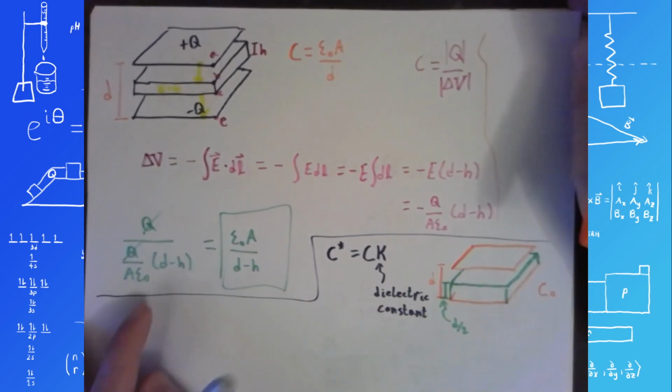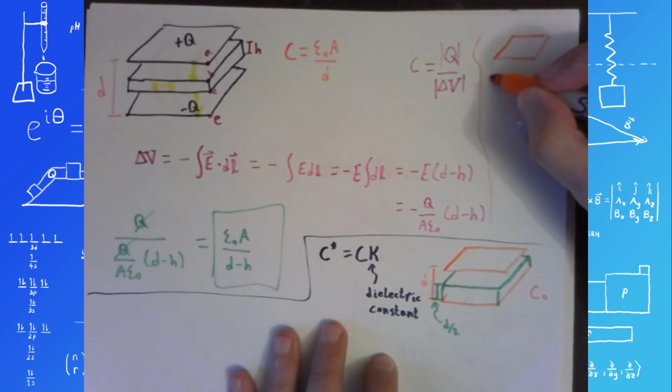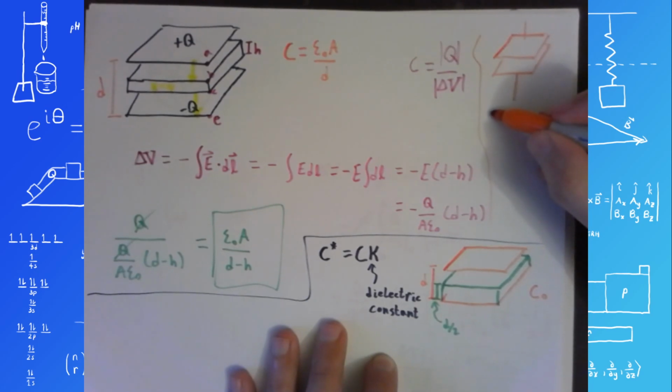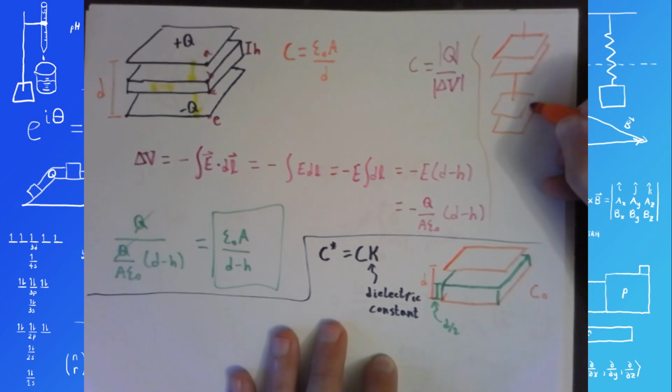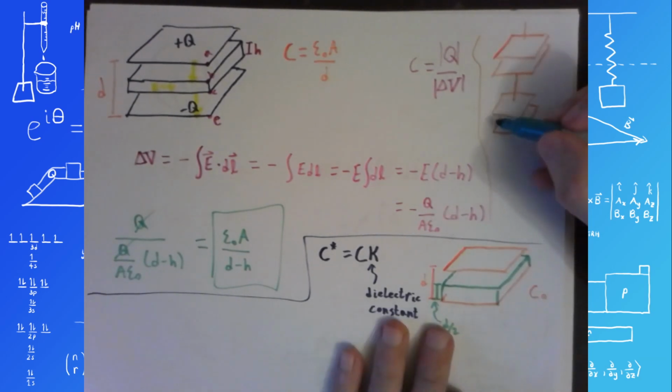We want to treat it like one parallel plate capacitor with no dielectric in between, connected through wire to another parallel plate capacitor that does have a dielectric material in between. And I'm going to use green to represent my dielectric material.